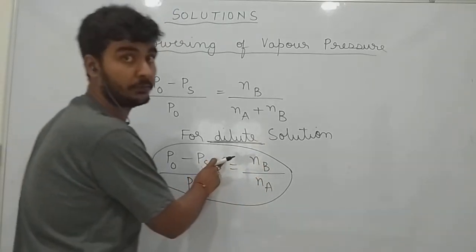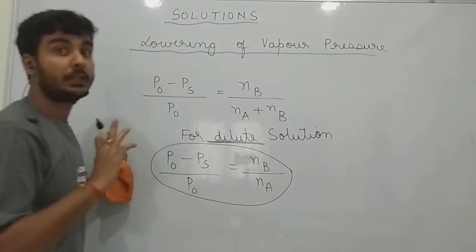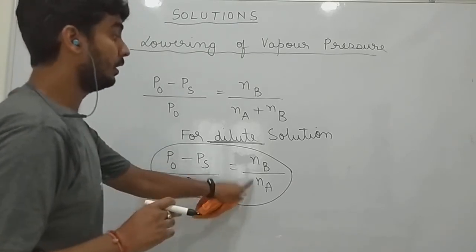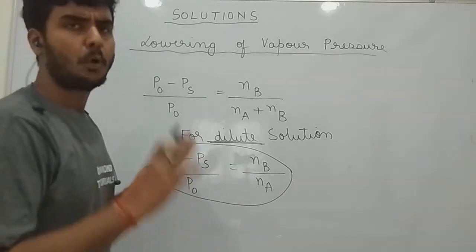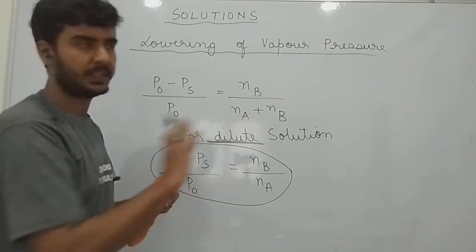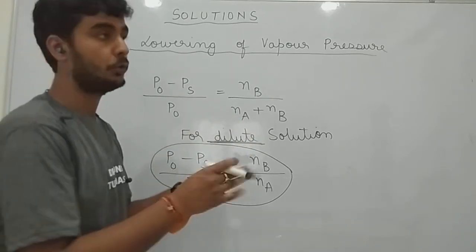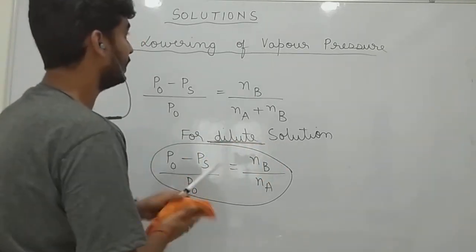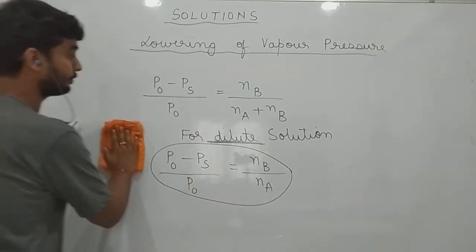Do not use this formula everywhere. Only for dilute solution this formula can be used. So this is a modified form of the expression we were discussing about lowering in vapor pressure. Let us see a very small example to understand this formula.